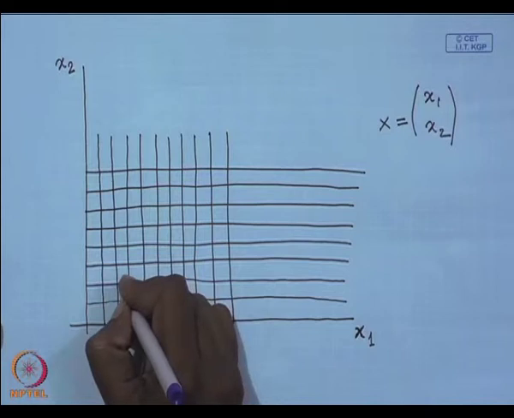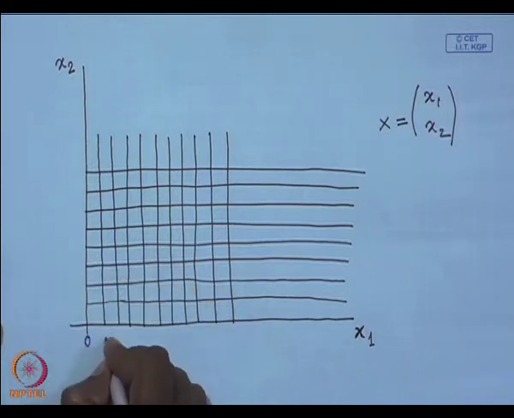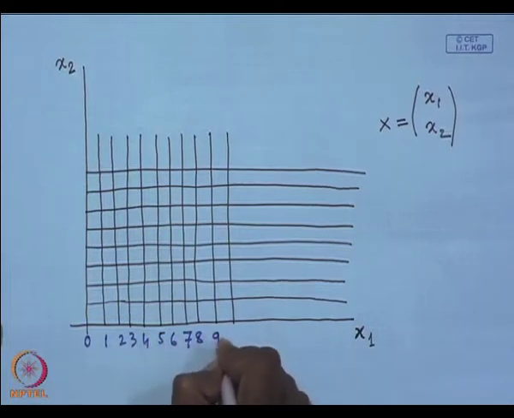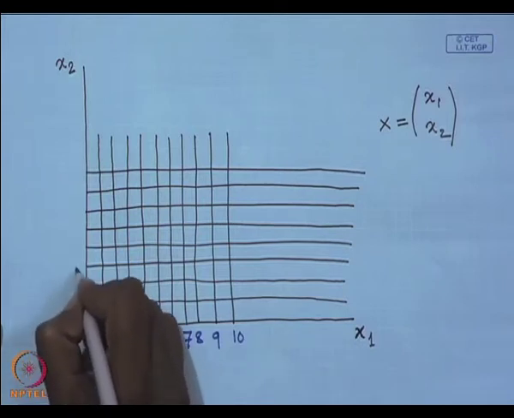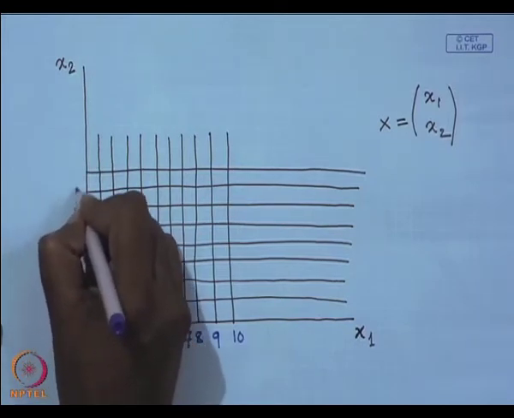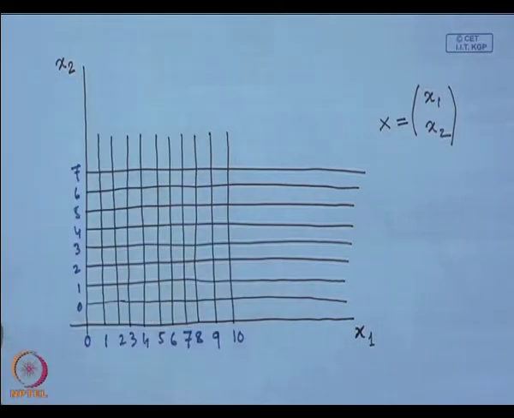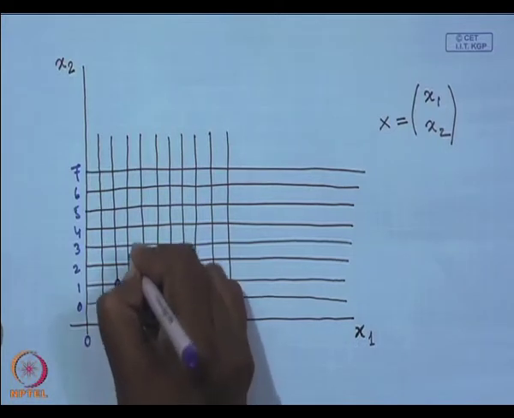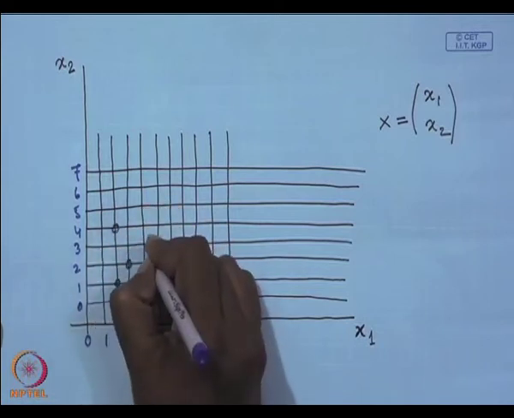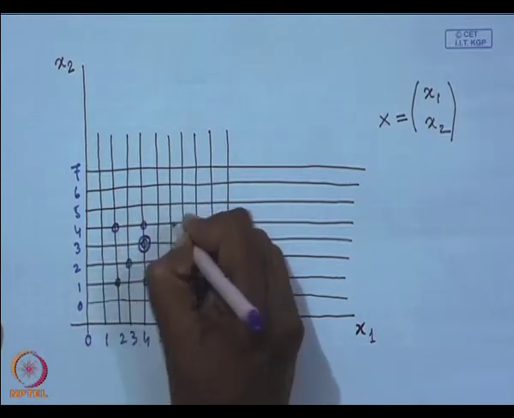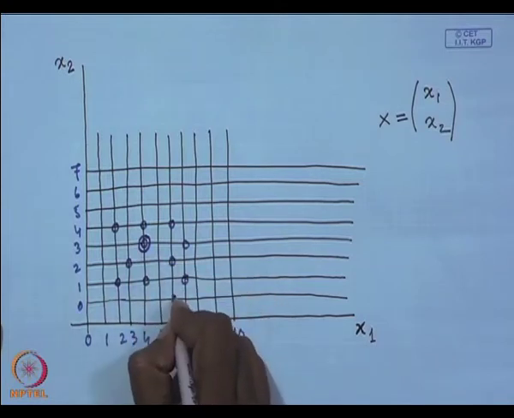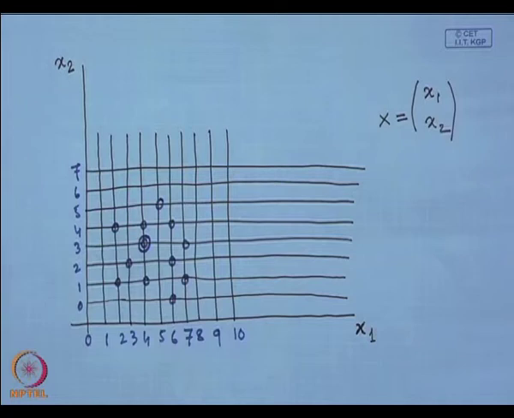Let us take some arbitrary samples. I will mark this as 0, 1, 2, 3, 4, 5, 6, 7, 8, 9 and 10, and 0, 1, 2, 3, 4, 5, 6, 7 and so on. Suppose I have been given samples of this form, say one sample over here, one sample here, one sample here, one sample here. Let us assume that we have got two samples here, then one sample here, one sample here, one sample here, one sample here. So these samples are arbitrarily distributed.